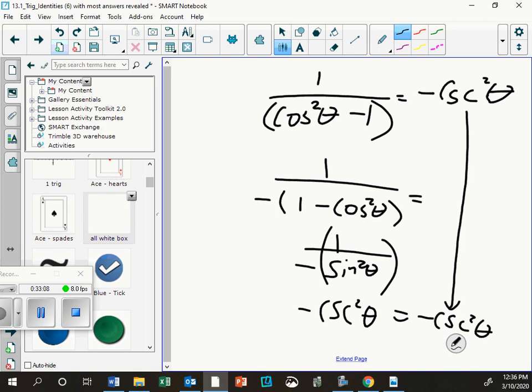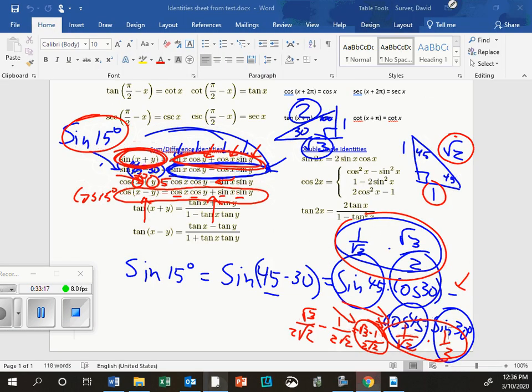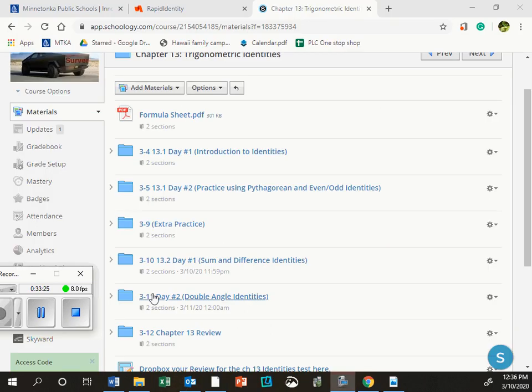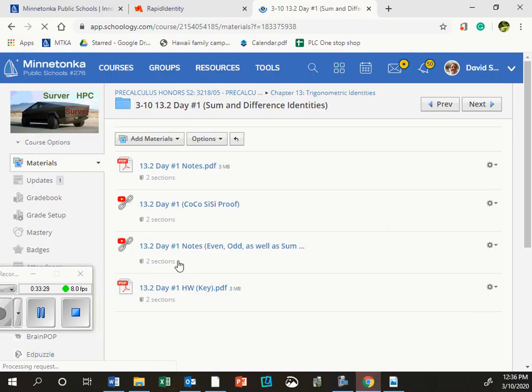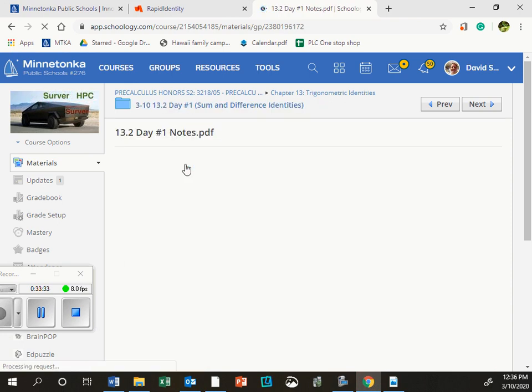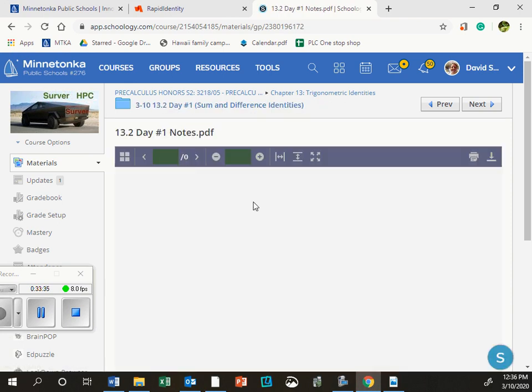Okay, so your homework for tonight. Everybody find the file. It's got today's date on it, which is March 10th. I'm going to see if I can pull it up here. So it's found right here. And then in the notes, of course, is where you could find your homework.